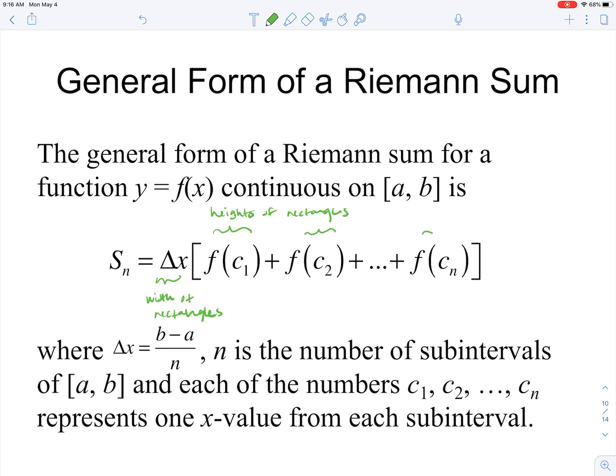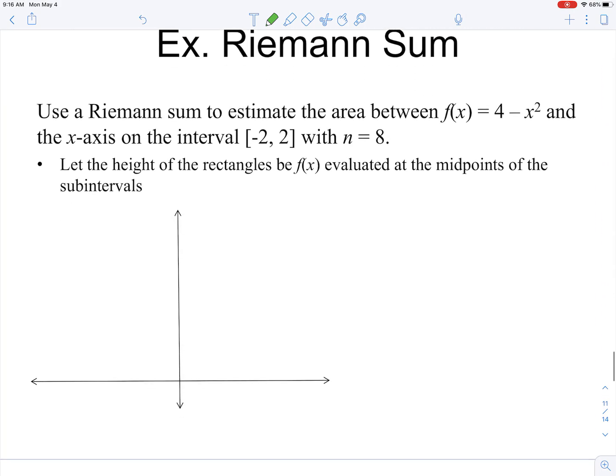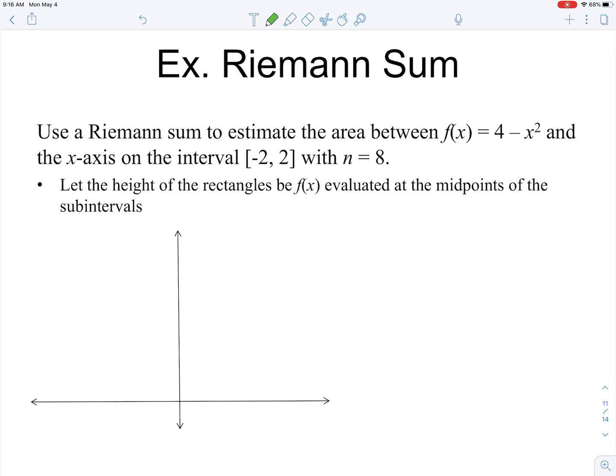These are each the heights of the rectangles. So we have been using Riemann sums in order to estimate the area under the curve, or bounded between the curve and the x-axis.